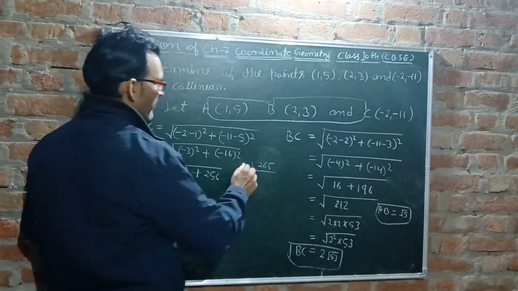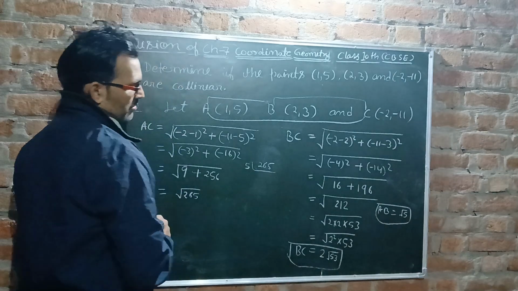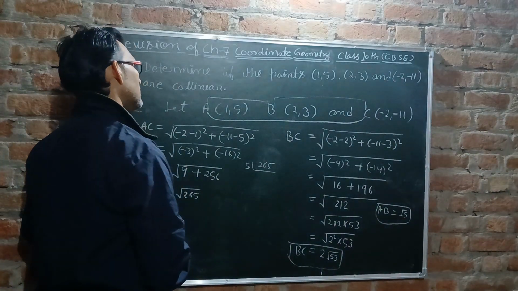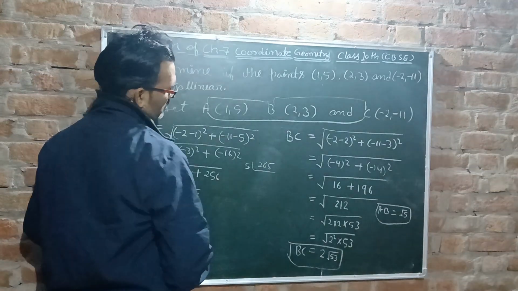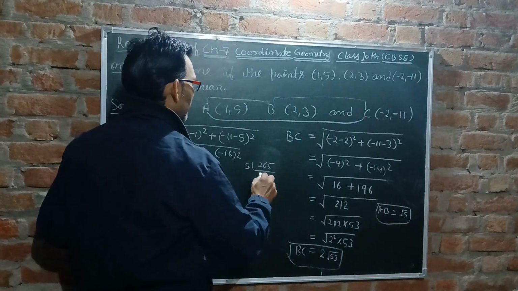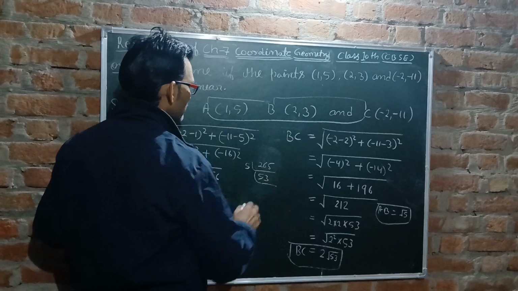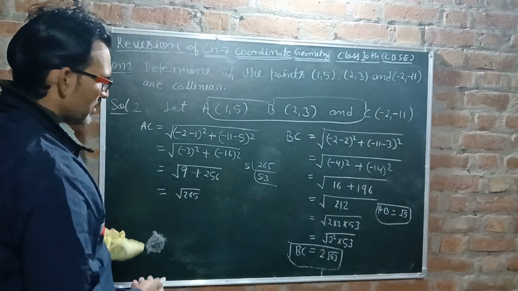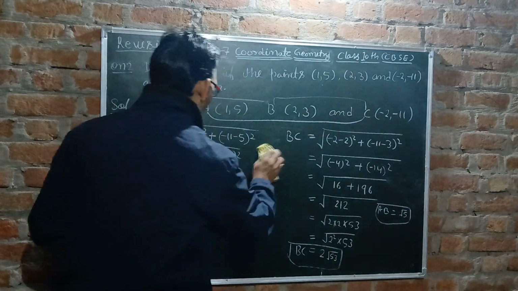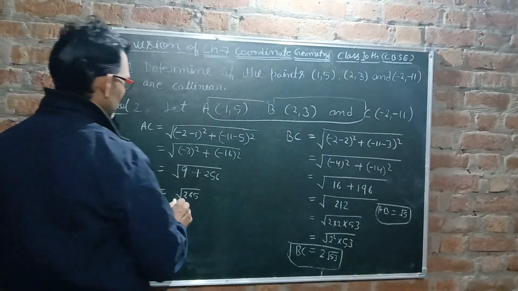You can divide by 5 or 3. No, it will not divide with 3. 3 is 24. No. 5 is 25. 5 3 is 15. But again the same problem, you will not get any number out. So it will be 265.